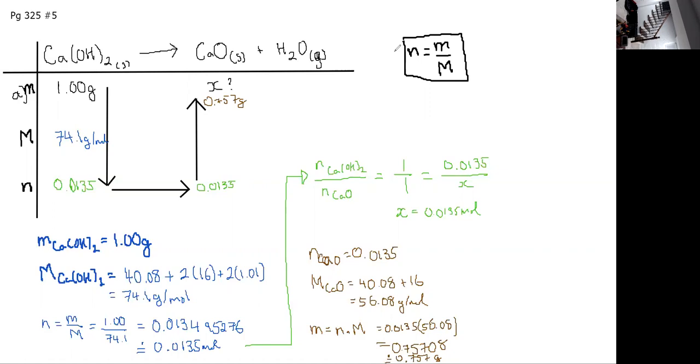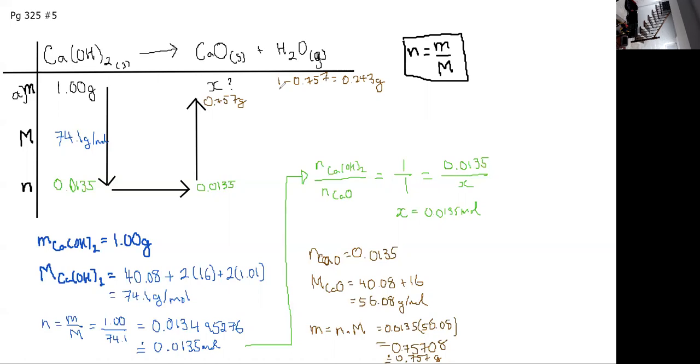Well, if I started with 1 gram and I get 0.757, by the law of conservation of mass, I should have 1 minus 0.757, which is 0.243 grams of water. It only makes sense. Part C, is stoichiometry required to solve B? No. As I said just now, I needed the law of conservation of mass.